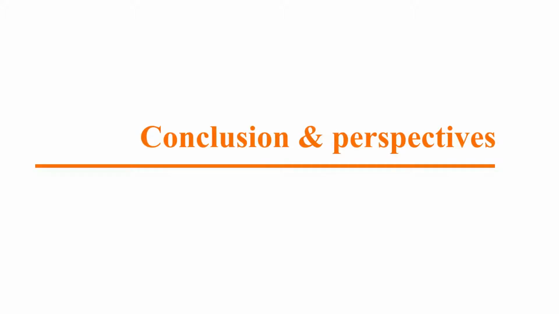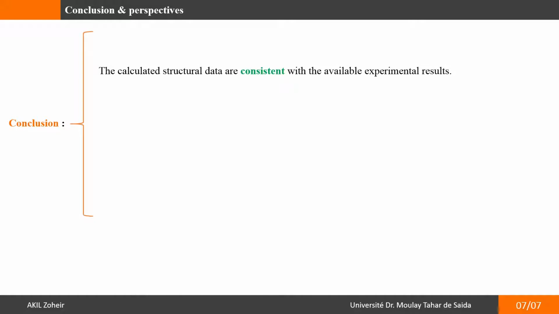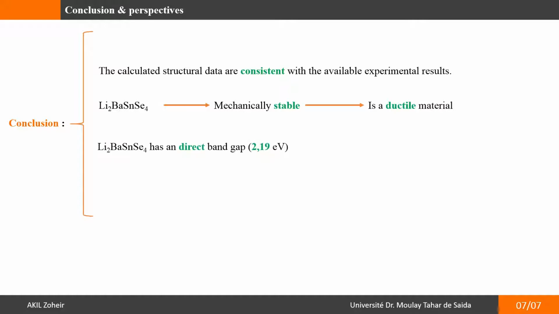Conclusion and perspectives. Conclusion. The calculated structural data are consistent with the available experimental results. From our calculated elastic constants, this material is mechanically stable and could be classified as a ductile material. The calculation of the band structure reveals that our compound has a direct band gap with a value of 2.19 electron volts.